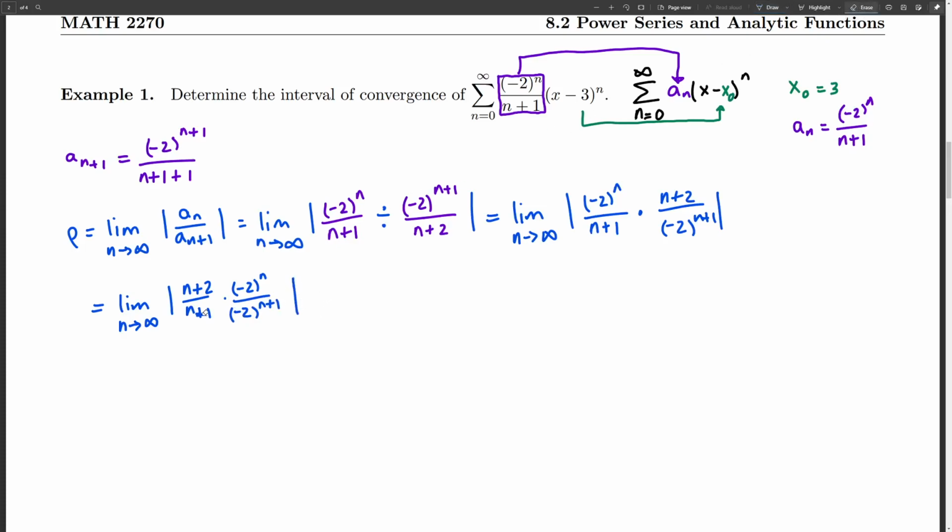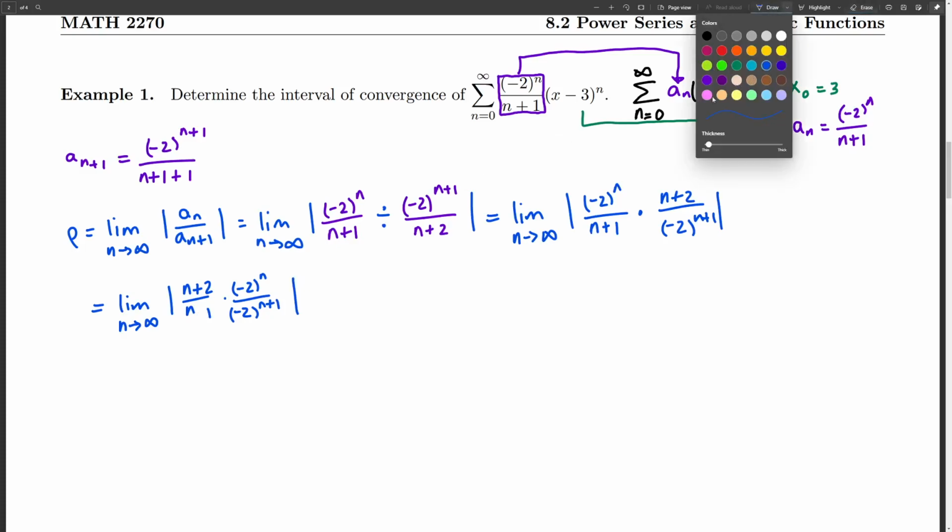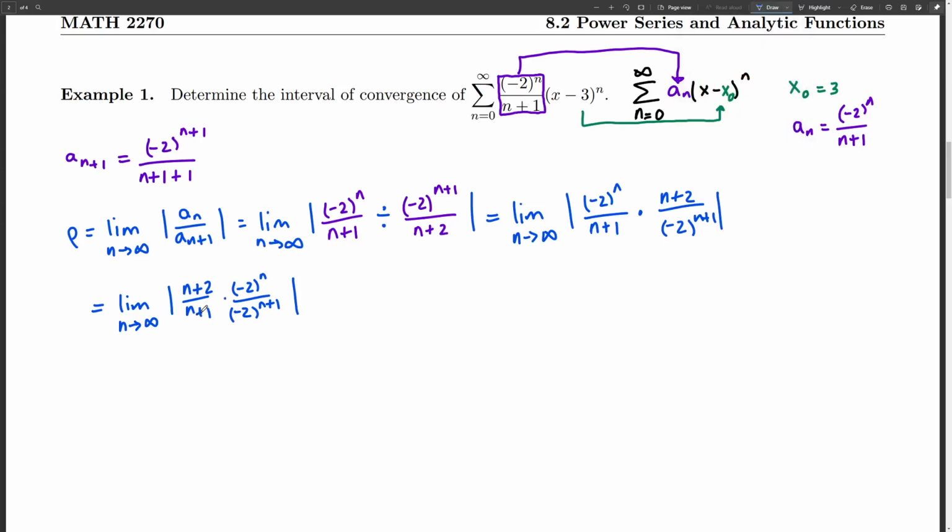By the rules of exponents, we subtract the exponents and get negative 2 to the power negative 1, or just 1 over negative 2. So this is the limit as n goes to infinity of the absolute value of n plus 2 over n plus 1 times 1 over negative 2.